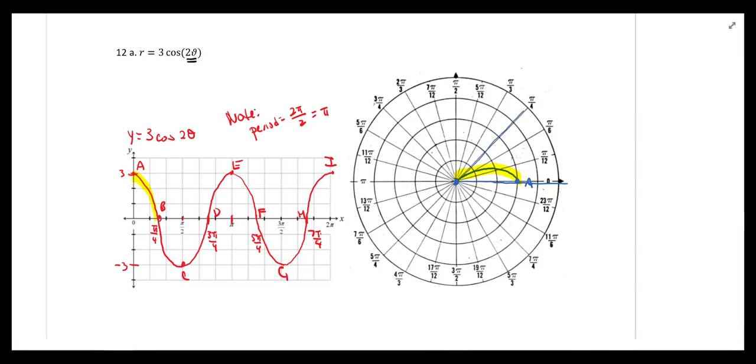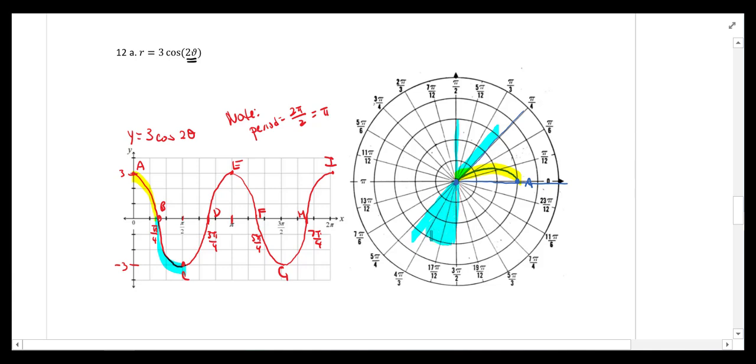Now, look at the next part. From pi over 4 to pi over 2, that actually is this wedge. But because the value for r is negative, we're going to be in the opposite direction. So the graph actually will be in this region here.